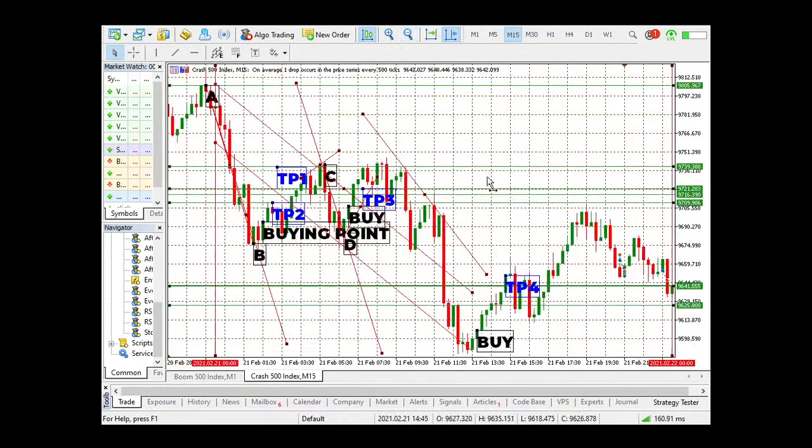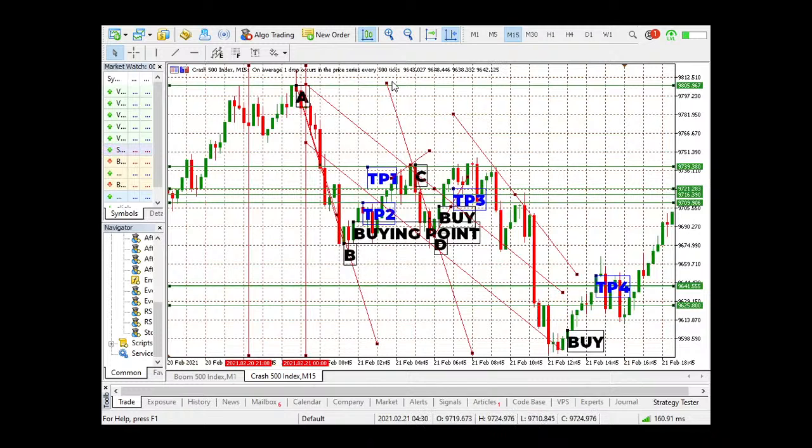Now if I zoom out, you'd see that AB is parallel to CD, and we have another line this way. Although this line is not parallel to CD like this, it is still showing us that there is a downward movement. So you have to wait for that downward movement to indicate that it's going to change in trend.